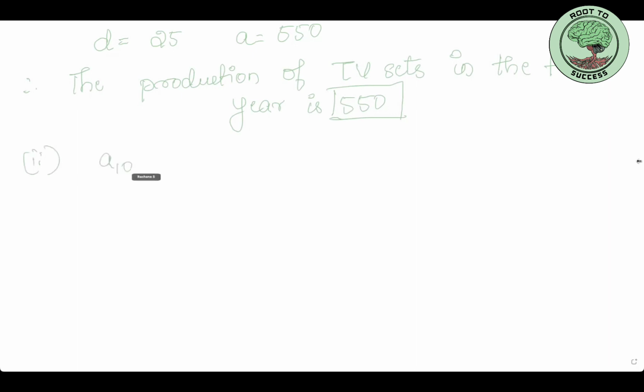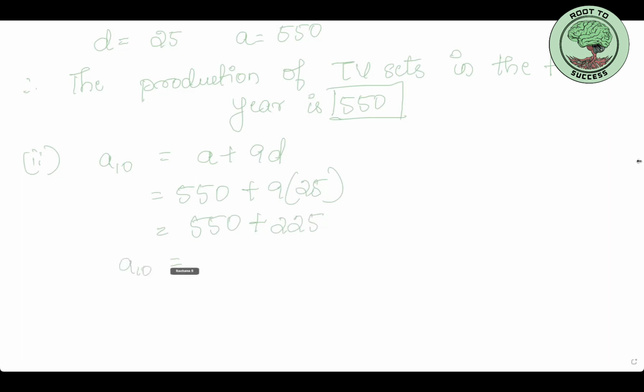So a10 will be a plus 9d, where a will be 550 plus 9 times d, which is 25. 9 into 25 is 225.